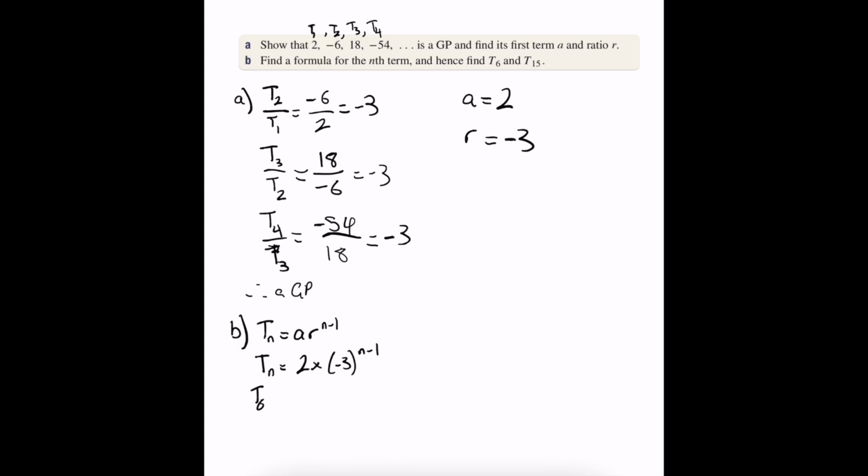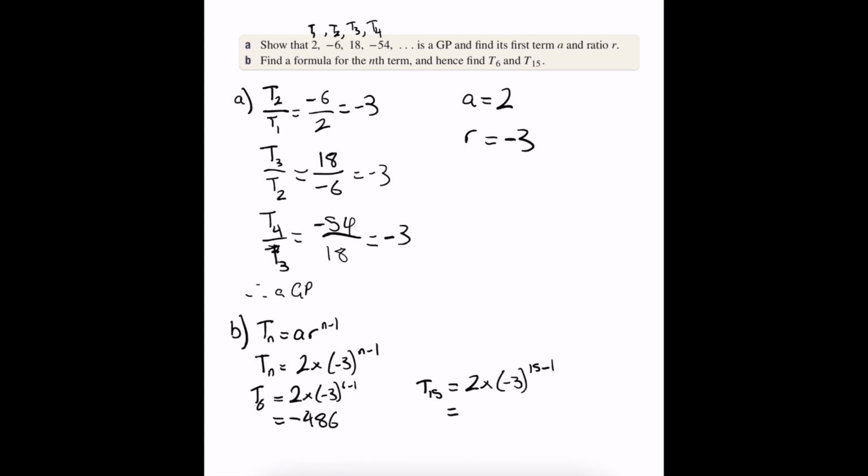So T6 is equal to 2 times minus 3 to the power of 6 minus 1, which will be 5. So if I plug that in my calculator, I get minus 486. And T15 will be 2 times minus 3 to the power of 15 minus 1.